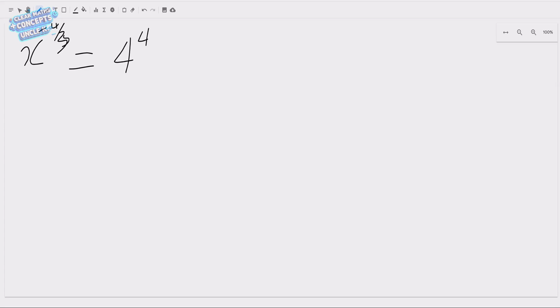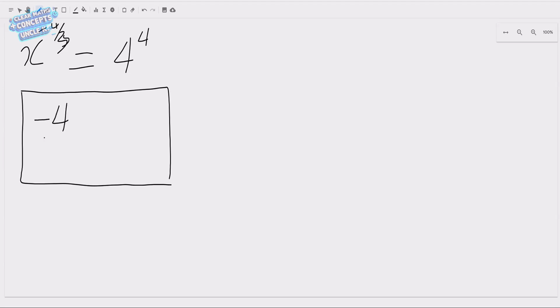Now what are we going to multiply with in this case? We want x to be raised to the power of 1, so we need the inverse of minus 4 over 3. Are we together? We'll multiply with minus 3 over 4. This is what will give us 1. Do you get that?